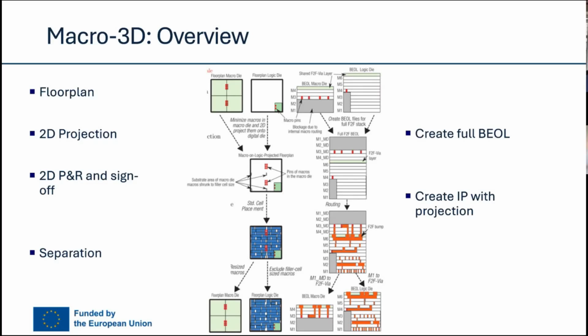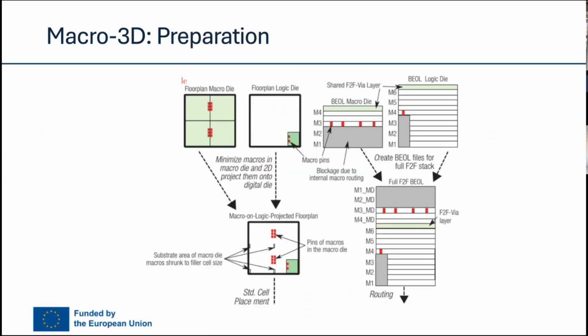Then the next step is the complete place and route and sign off of the bottom tier, just using standard 2D methodologies. And finally, when we have this place and route, we can proceed with the last step, where we have to separate the combined stacks so that we have the top tier and the bottom tier independently. Again, let me have a look at this step in more detail.